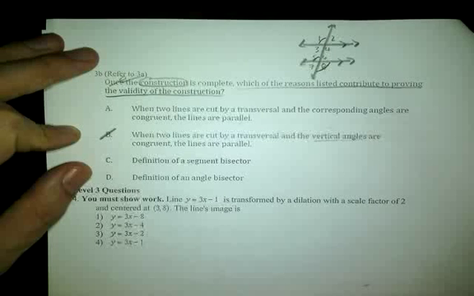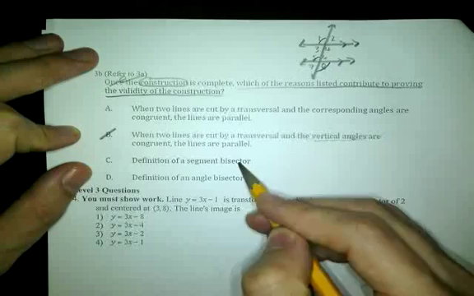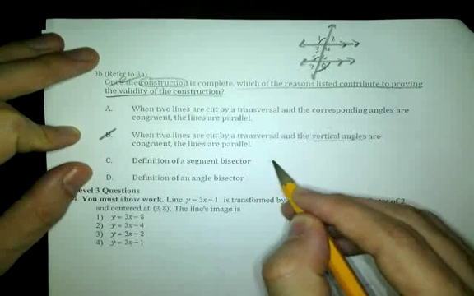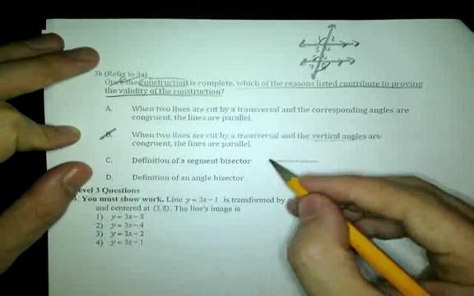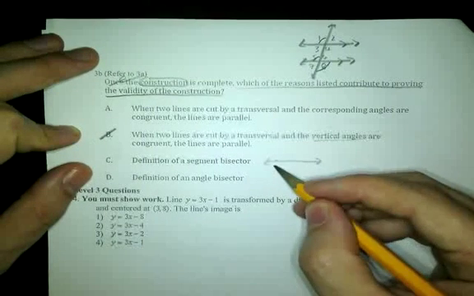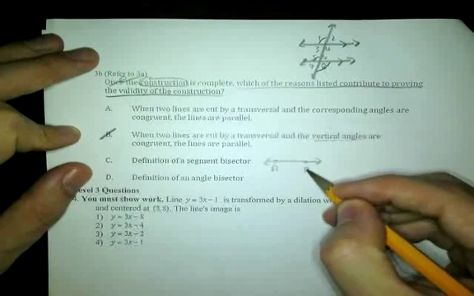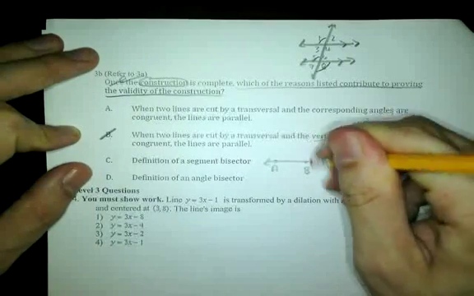Option 3 or C says the definition of a segment bisector. Once again, a segment bisector, if you have a segment, let's say segment AB, let me erase these arrows since we're talking about a segment.